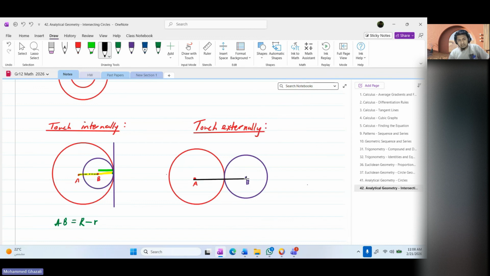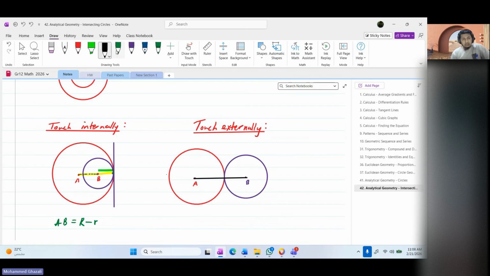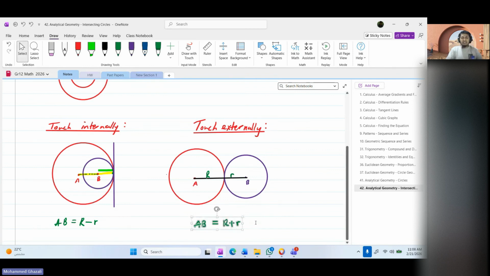The distance AB can just be calculated as capital R plus small r. So if I add the capital R plus small r, we'll get the distance AB. So if this condition holds, then the circles will touch externally.